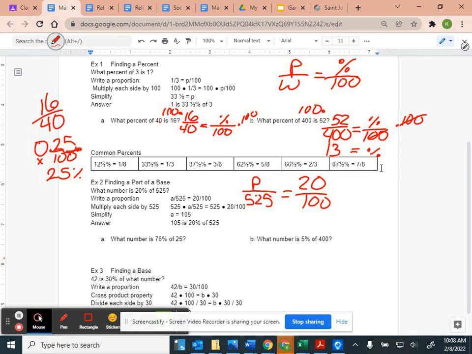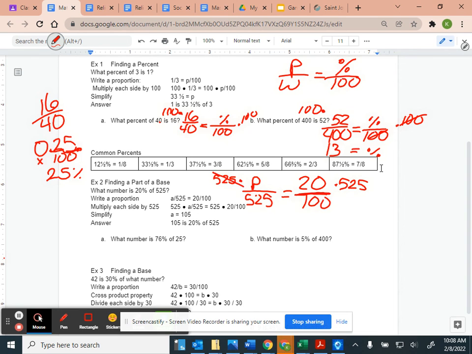20 times 100 and then divided by. Why would I do 20 times 100? Or is it 20 divided by 100? I want to get the part by itself. So if it's the part divided by 525, what's the opposite of that? Multiplying. So I'm going to multiply each side by that 525. And then you're right, then divide it by that 100.